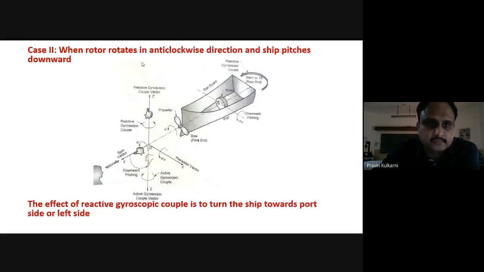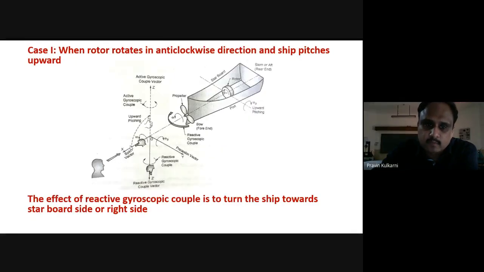Second case, rotor rotates anti-clockwise, but remember that upwards means this should be the case. When you change the direction of spinning from anti-clockwise to clockwise, your thumb should be moving clockwise in the vertical plane like this.